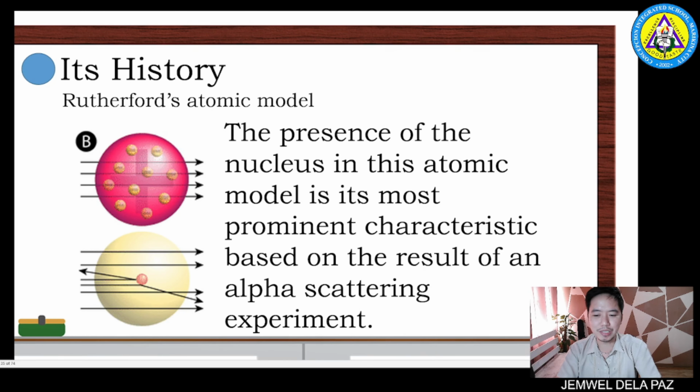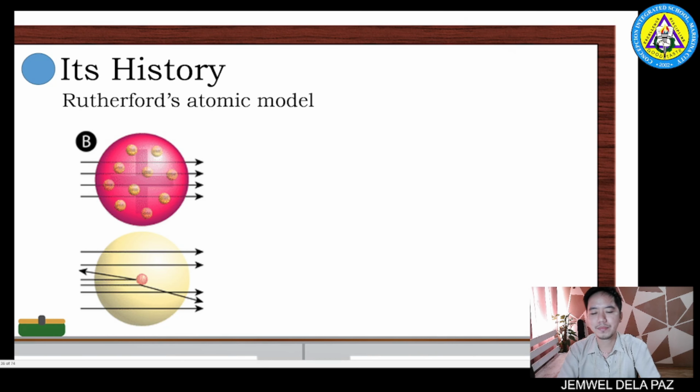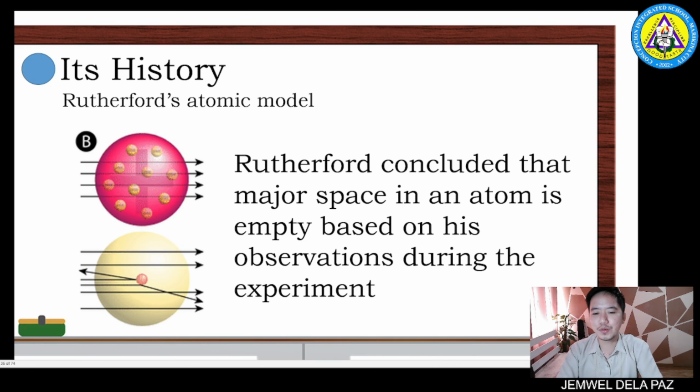This revolutionary discovery of Rutherford helped us further understand the nature of an atom. Rutherford concluded that major space in an atom is empty, like what you can see on our illustration.